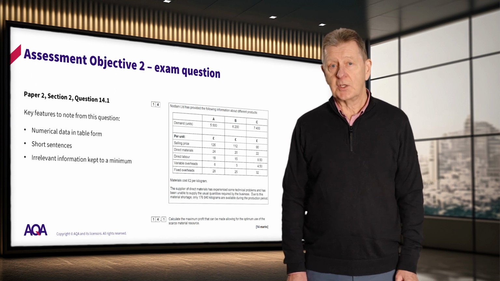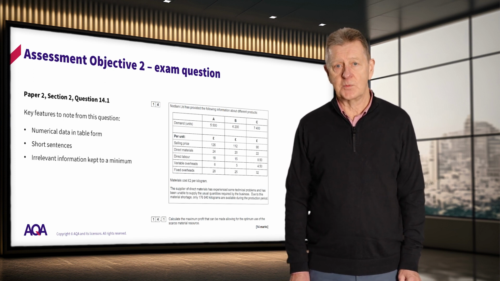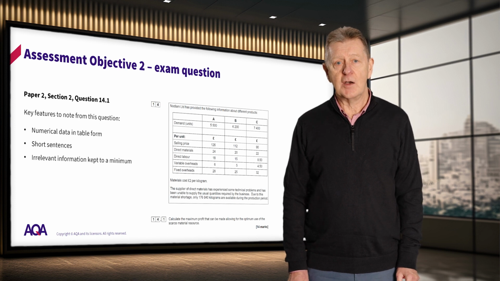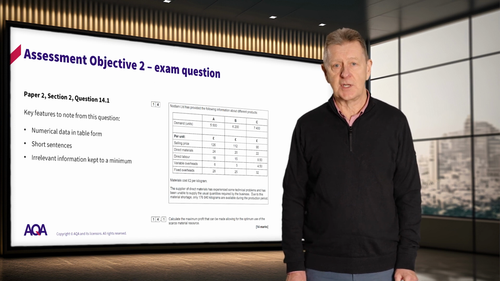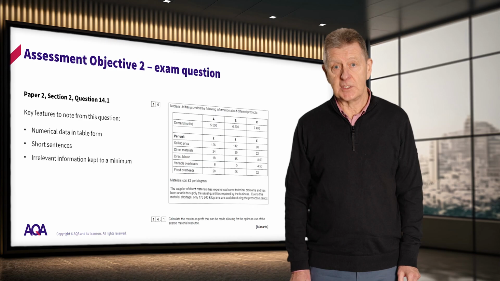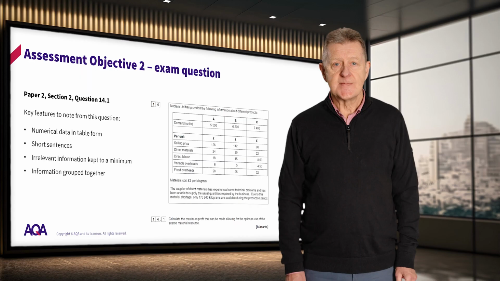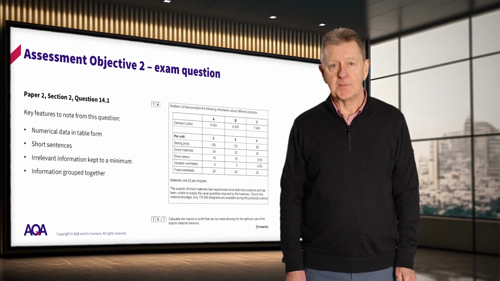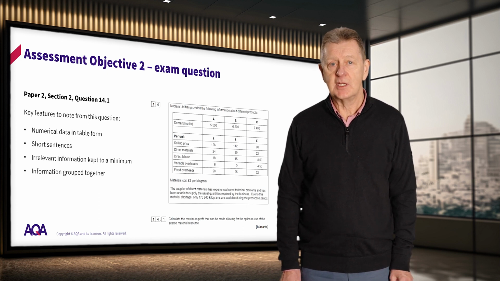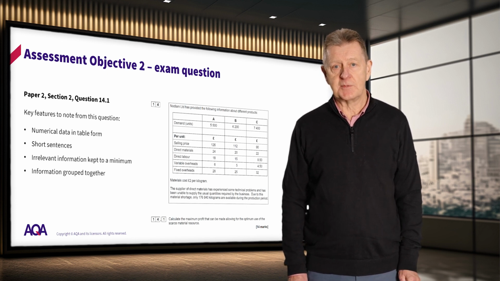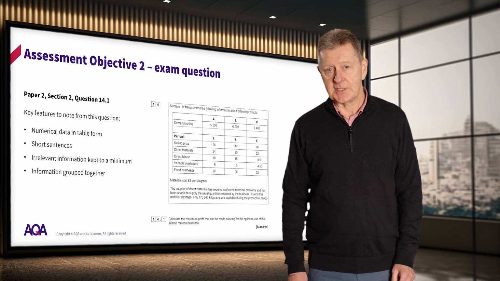In this case, the question could have provided the number of hours worked as a further distractor. However, question setters felt that this was not necessary, as the scenario was sufficiently complex, the technique involved is challenging, and there is already selection required. Information is grouped together. If AQA choose to present information on materials and labour in this question, then the information on materials would be kept together and that on labour kept together.